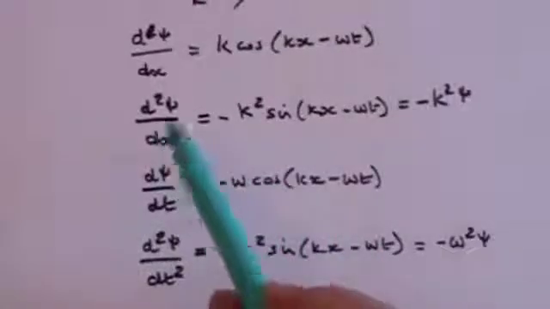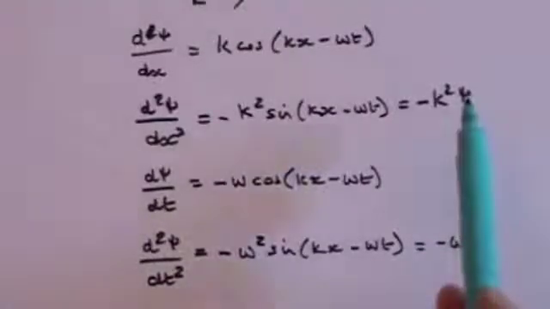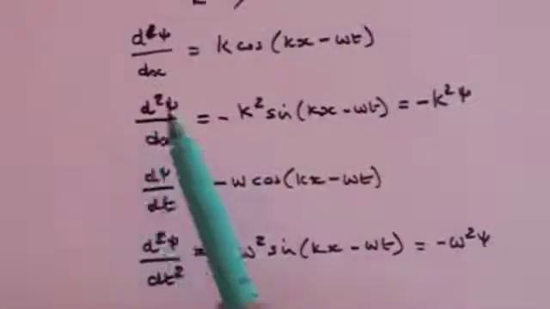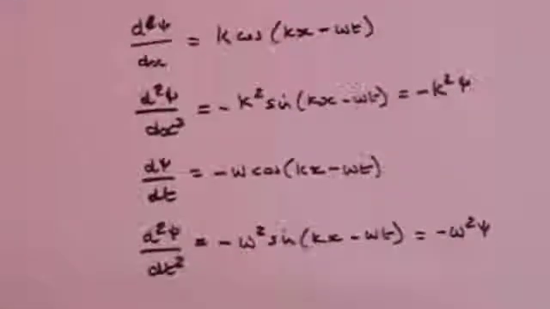So now we've got two formulae which involve psi. Psi equals minus 1 over k squared d2 psi by dx squared, and psi also equals minus 1 over omega squared d2 psi by dt squared. So let's just write those two things down.